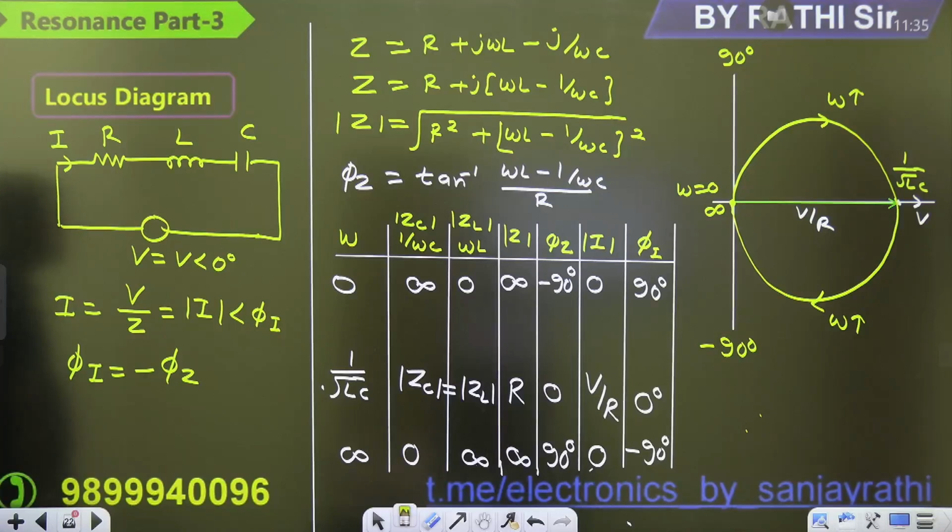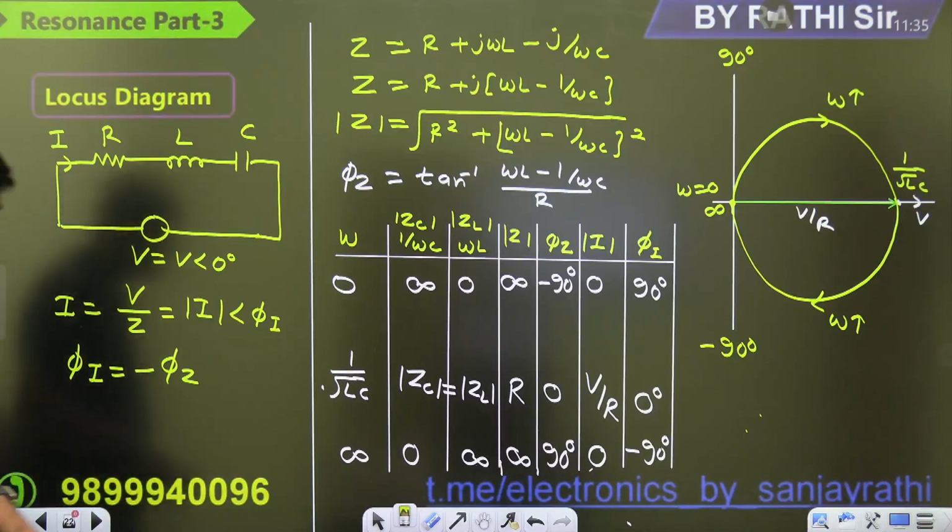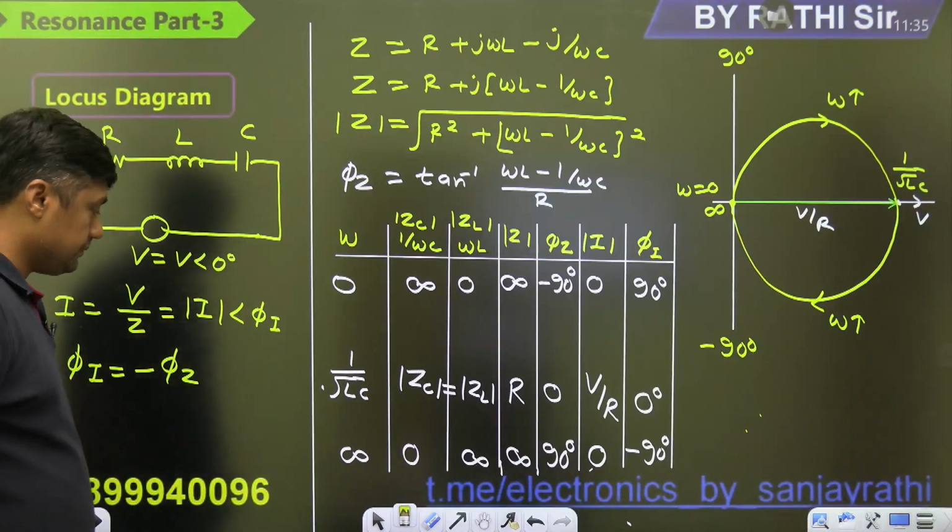Any doubt in this diagram? Series RLC circuit. Table is important. At resonance, these are equal.